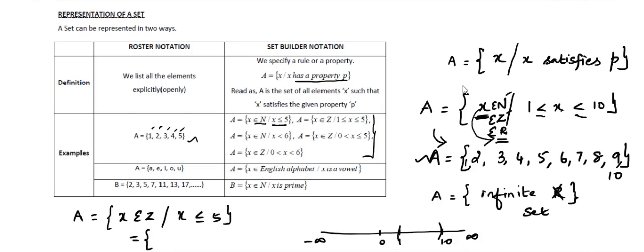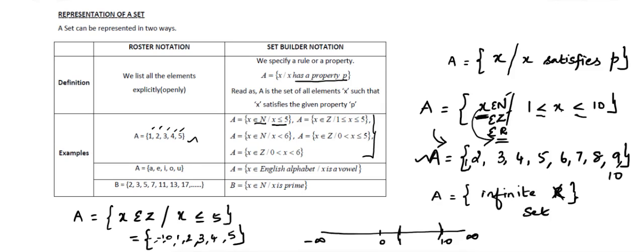Integers means negative also included, and 0 and all the positive numbers. So I'll be writing 5, 4, 3, 2, 1, 0, minus 1, minus 2, etc. This is an infinite set. This will be the case.